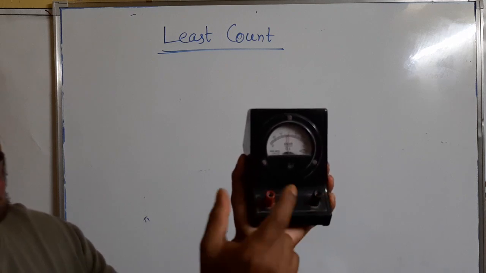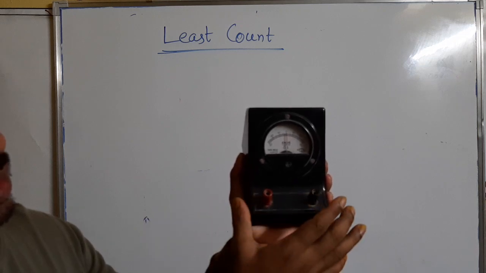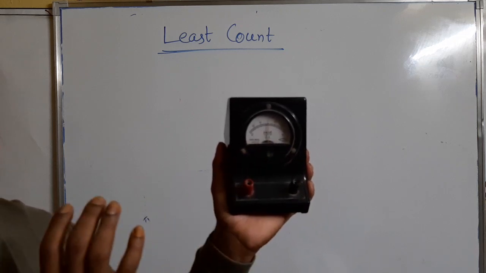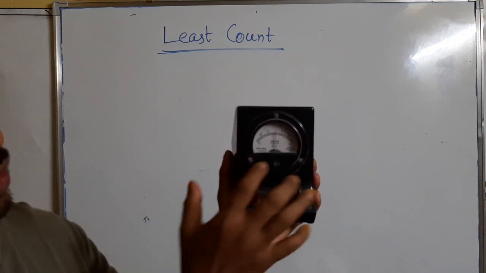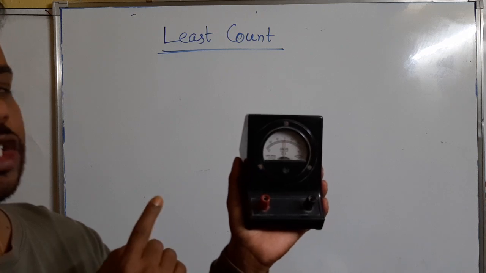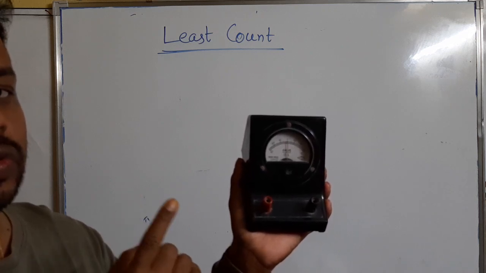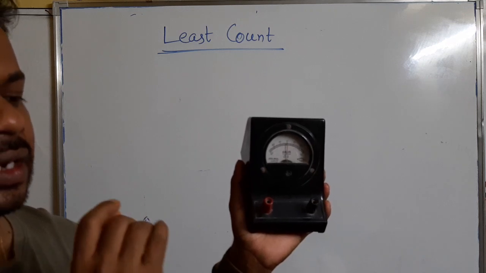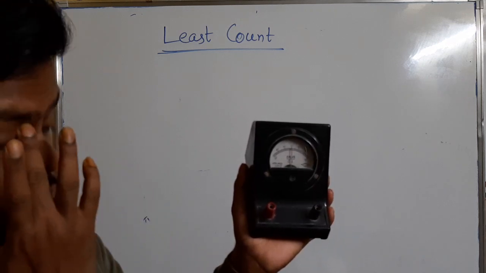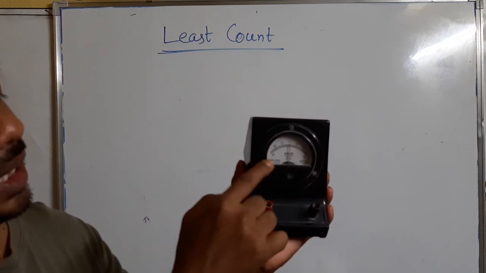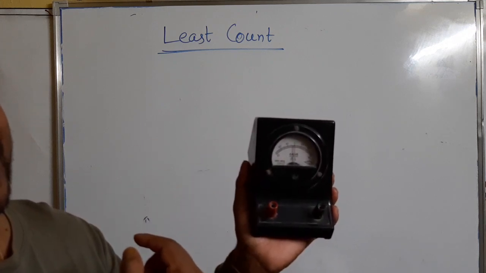You have to join the two ends with the cell or circuit, then you can find out whether current is flowing through the circuit or not. As we have discussed earlier, a galvanometer is an instrument used to detect the presence of current in the circuit. Whether a small amount of current is present or not can be detected by this galvanometer, and it can also show the direction of the current.